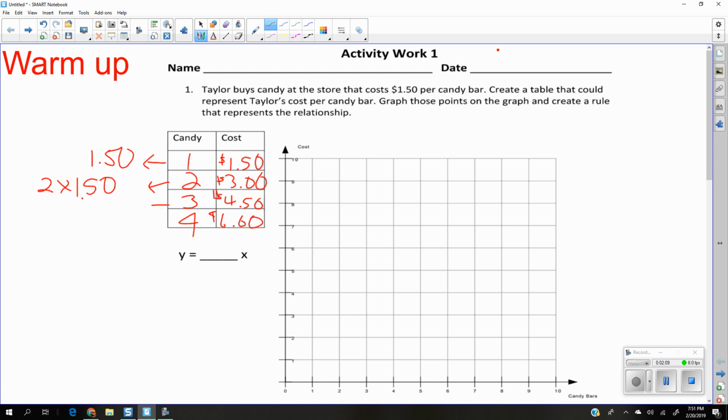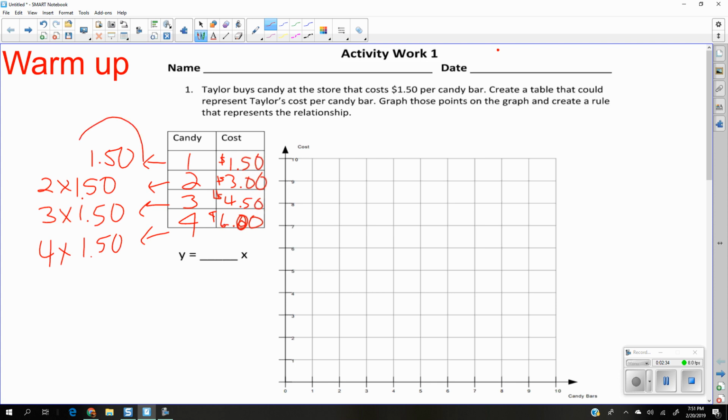And then for 3 candy bars, we multiplied 3 times $1.50 to get $4.50. And then finally, for the 4th candy bar, we multiplied 4 times $1.50, which gave us $6. That's $6. Now, do you see the pattern here?